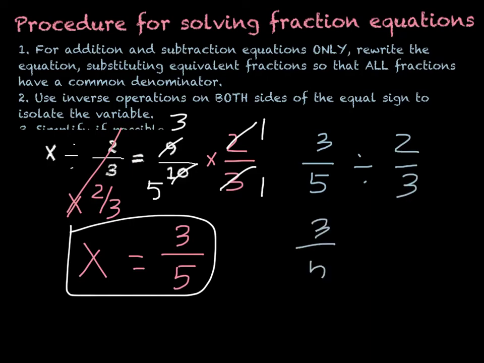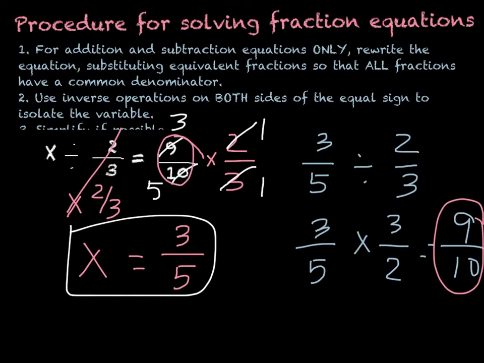So I'm going to keep the original fraction, change the sign to multiply, use the reciprocal, which will just be 3/2, and if I multiply, I'm going to get 9/10 as my answer. So since 9/10 matches the 9/10 here, I know that 3/5 is the correct answer, and I can be confident with that.